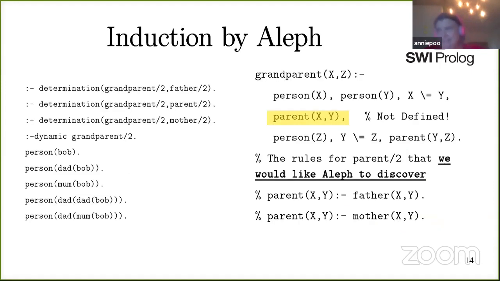And parent, in this case, is not defined. But we ask Aleph to patch this hole, and it figures out that a parent is either a father or a mother. This can be very useful for attempting to find rules in a system.